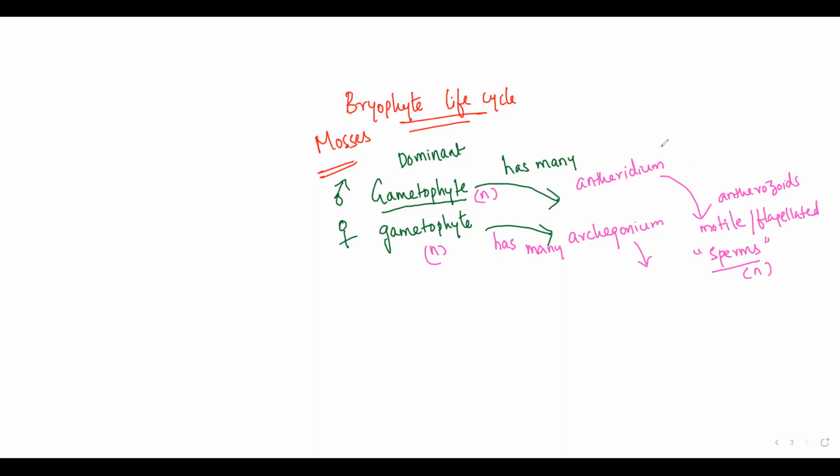So they undergo mitotic cell division, mitosis, and they produce an egg, which is also going to be haploid. Now, the motile flagellated sperms or antherozoids are only seen till the bryophytes.